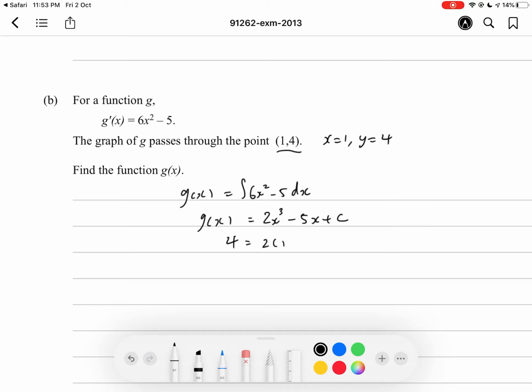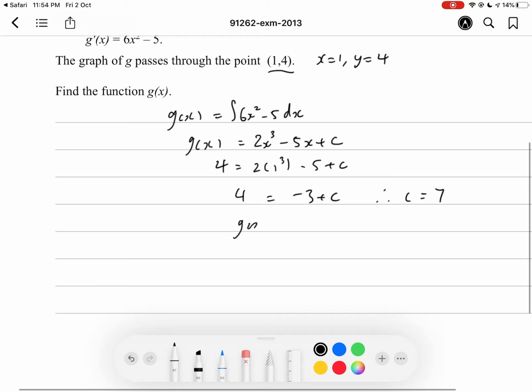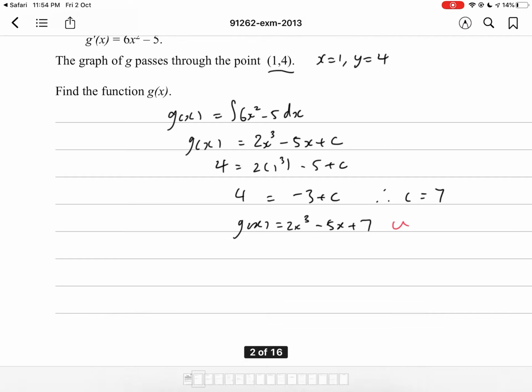So 4 equals 2 times 1 cubed minus 5 plus c. 4 equals negative 3 plus c. Therefore, c equals 7. So therefore, g of x equals 2x cubed minus 5x plus 7. And that is just another achievable question.